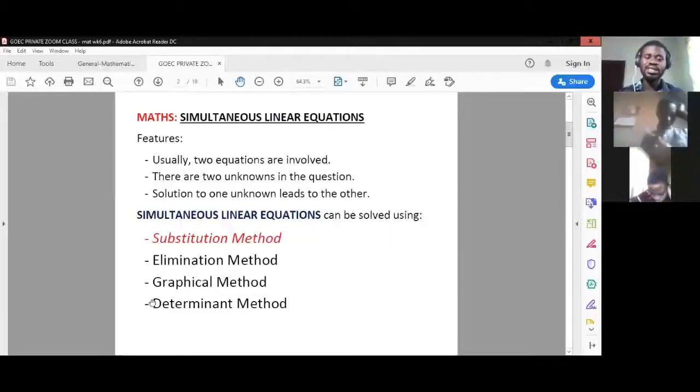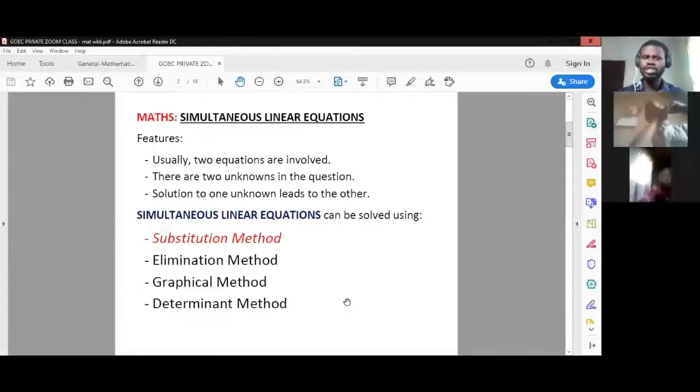Usually, you don't always find this determinant method in your general mathematics textbook, because determinant is a subtopic under matrices, for those who are doing further mathematics for science students. So it is not usually under general mathematics. But I have decided to include it for those who are science students here.